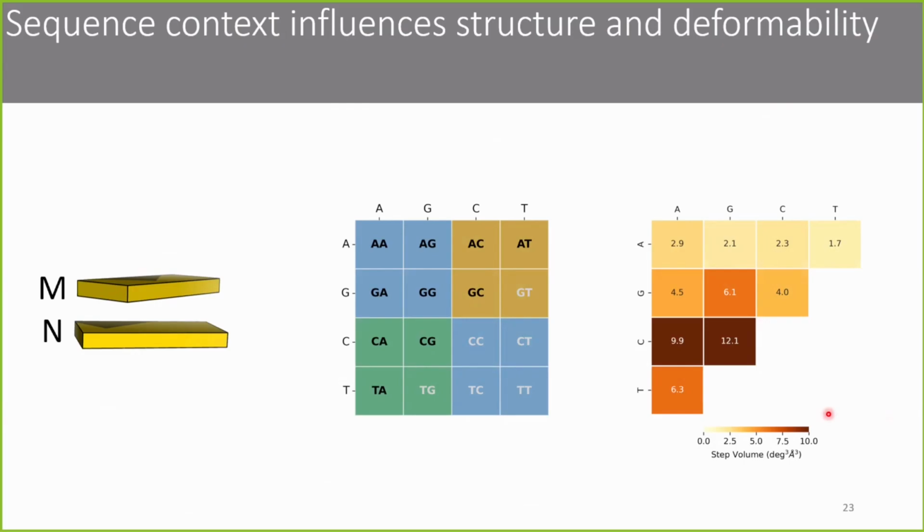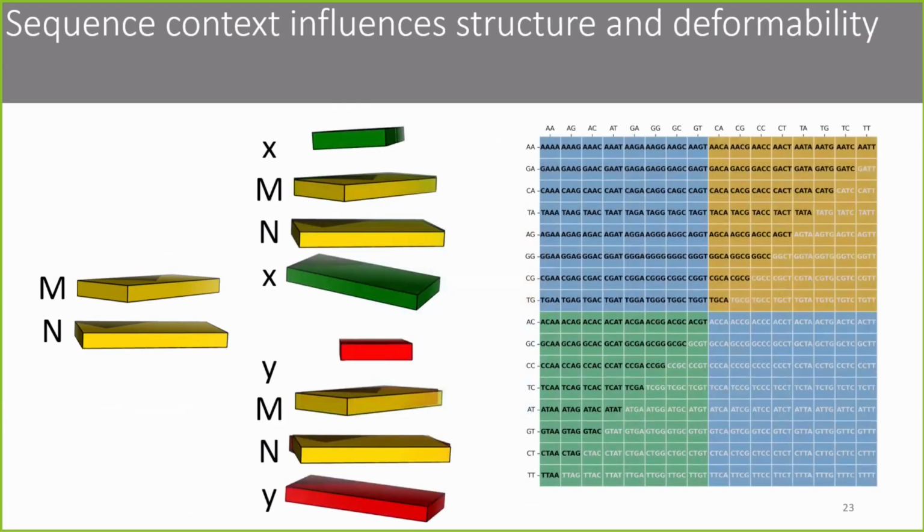Yet we now have enough reliable data to explore the influence nearest neighbors have on the internal dimer step and how they factor into the configuration of the overall DNA structure, as seen here with the generic MN step in the context of either X or Y neighbors. The sequence diagram on the right highlights all possible 256 tetramer sequences, and the bidirectionality of DNA reduces that to 136 unique tetramer sequences, seen in black here.